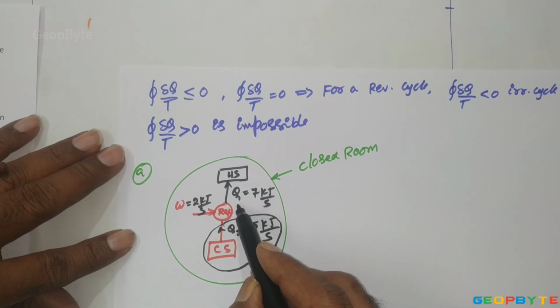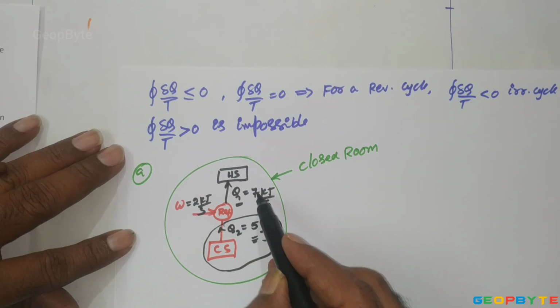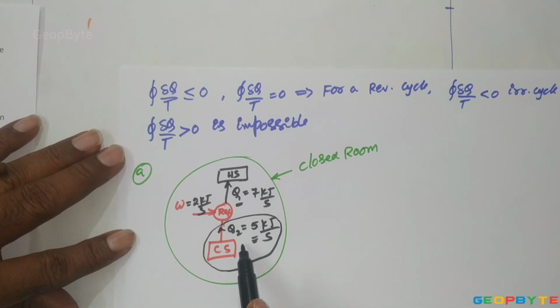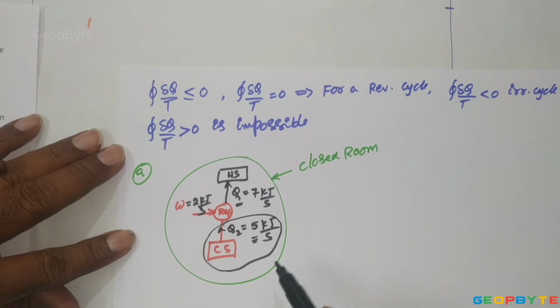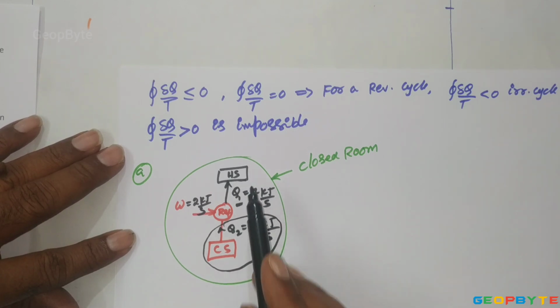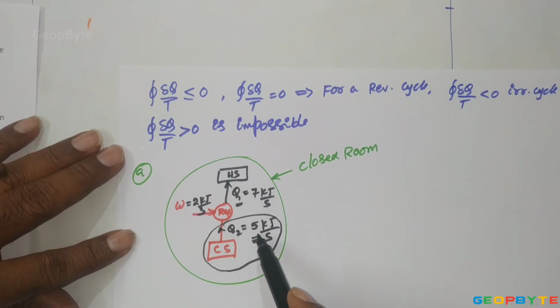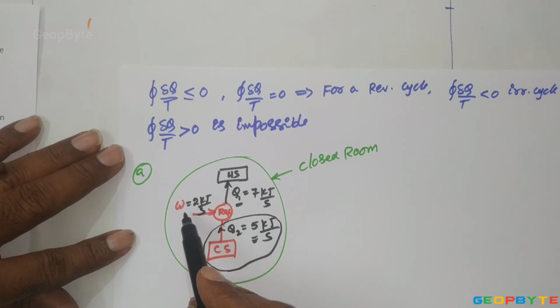Since the energy causing heating is more than the energy causing cooling, the combined effect is warming the room. The energy causing warming of the room equals 7 minus 5 equals 2, that is equal to the electrical energy or work energy consumed by the refrigerator.